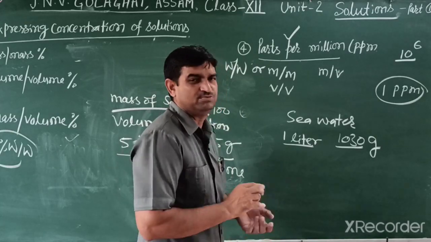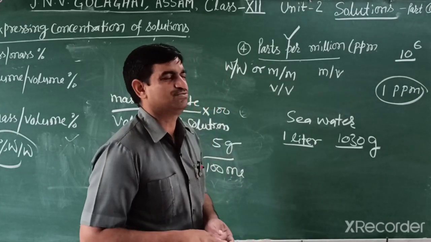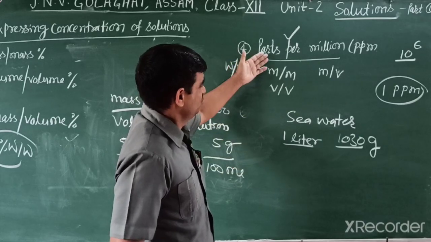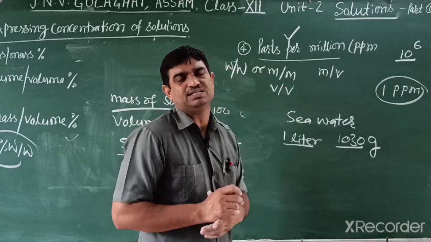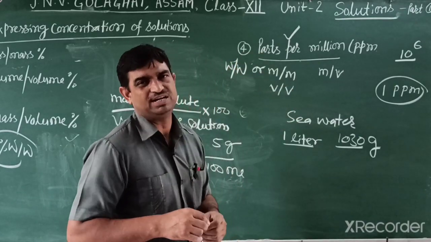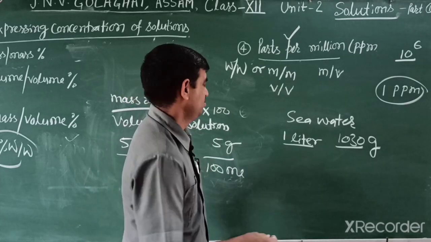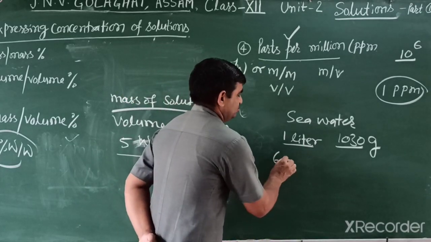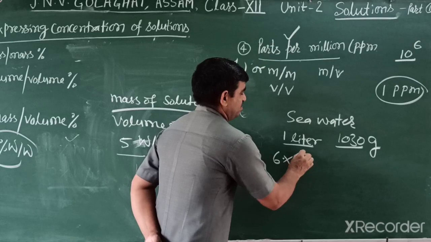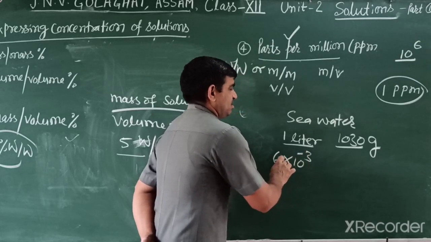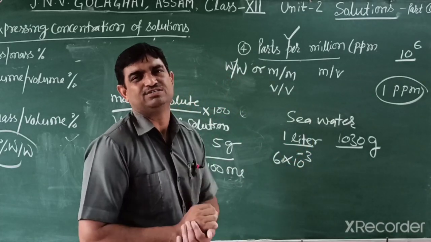Why? Because it is denser, since salt is present in the seawater. In that seawater, a very, very small amount of oxygen is dissolved, like 6 into 10 to the power minus 3 gram per liter.